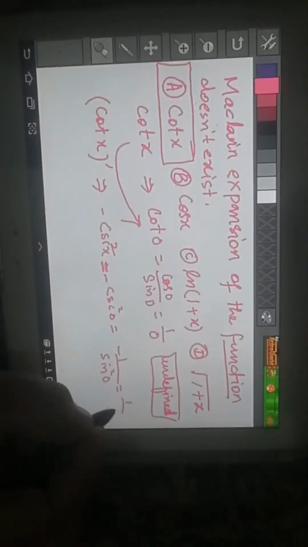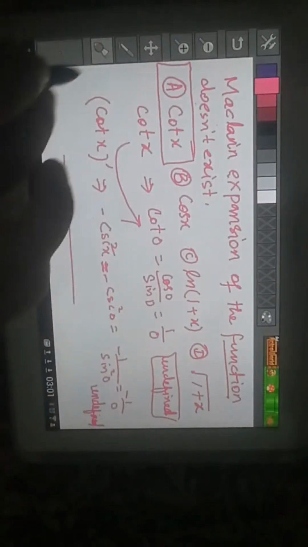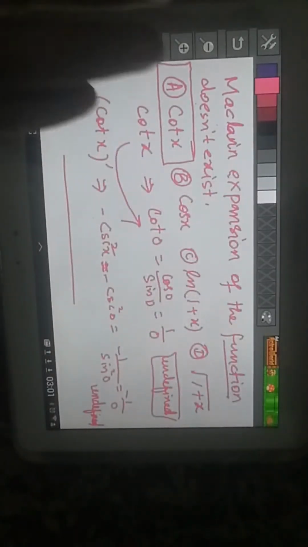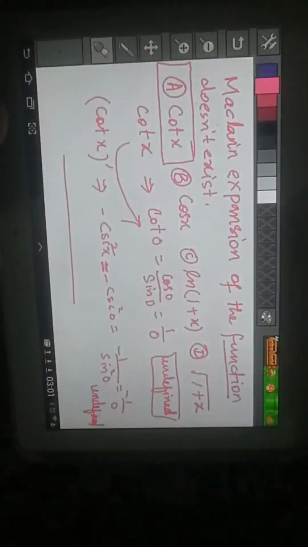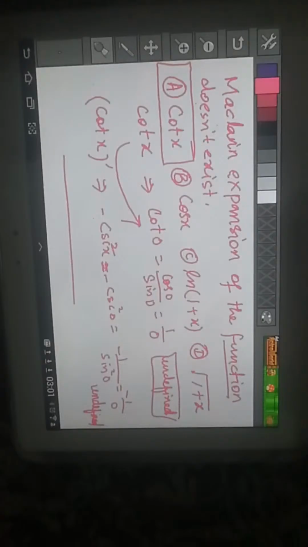See that sine 0 is 0. Again it is 1 by 0 form, undefined form. Neither the function nor its derivative is defined on 0. When they are not defined on 0, it means the Maclaurin series for such a function doesn't exist. So the Maclaurin series of cotangent doesn't exist, right?